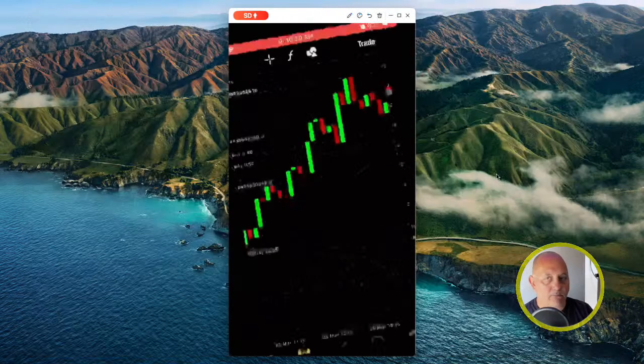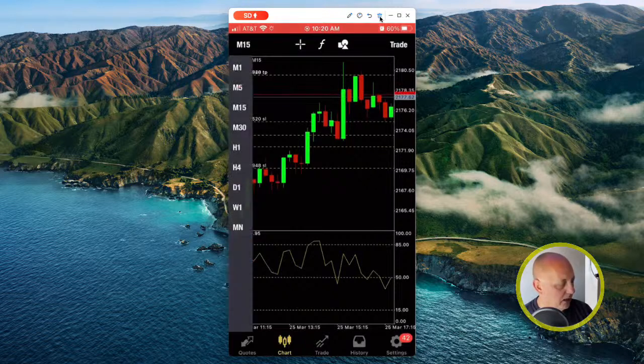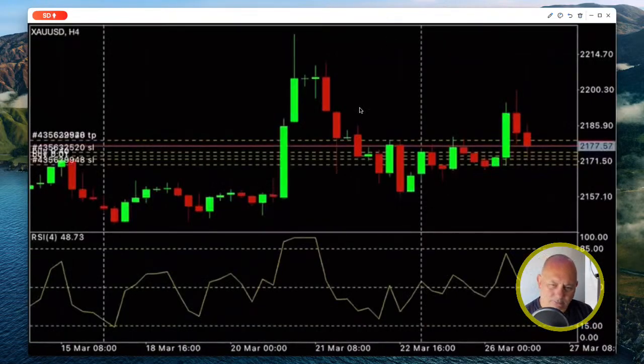Let's look at a higher time frame. I might be able to give you a better example. Let's go up to like the 4 hour and turn it sideways here. This is a pretty good example. So let's say, obviously we're in gold buy territory, right? We didn't take any trades back here, but imagine this.